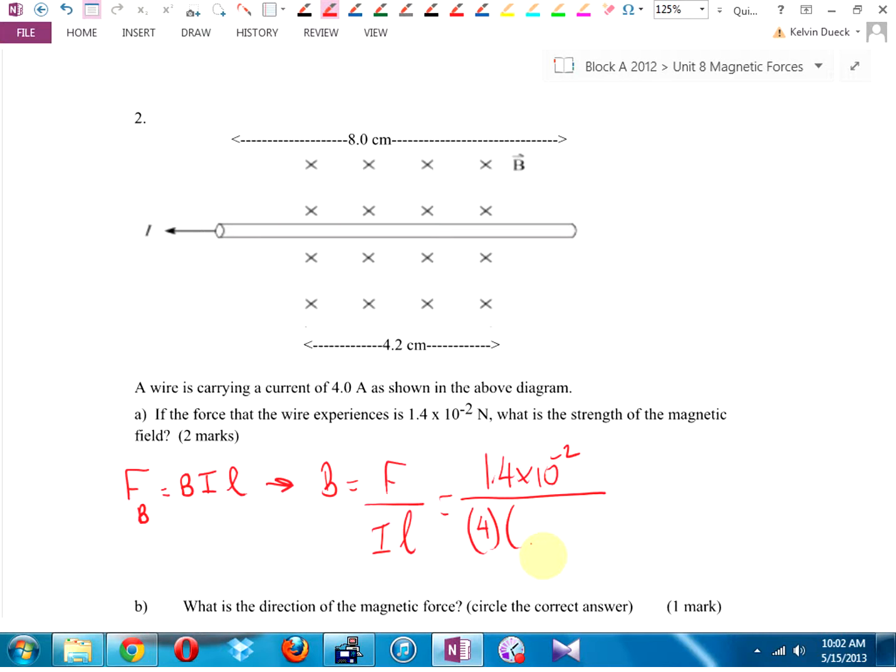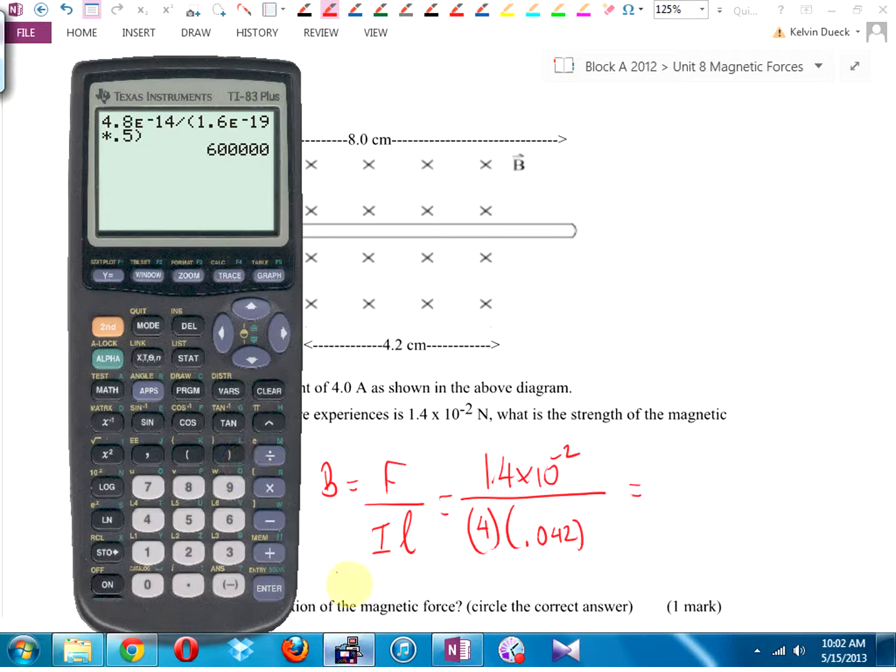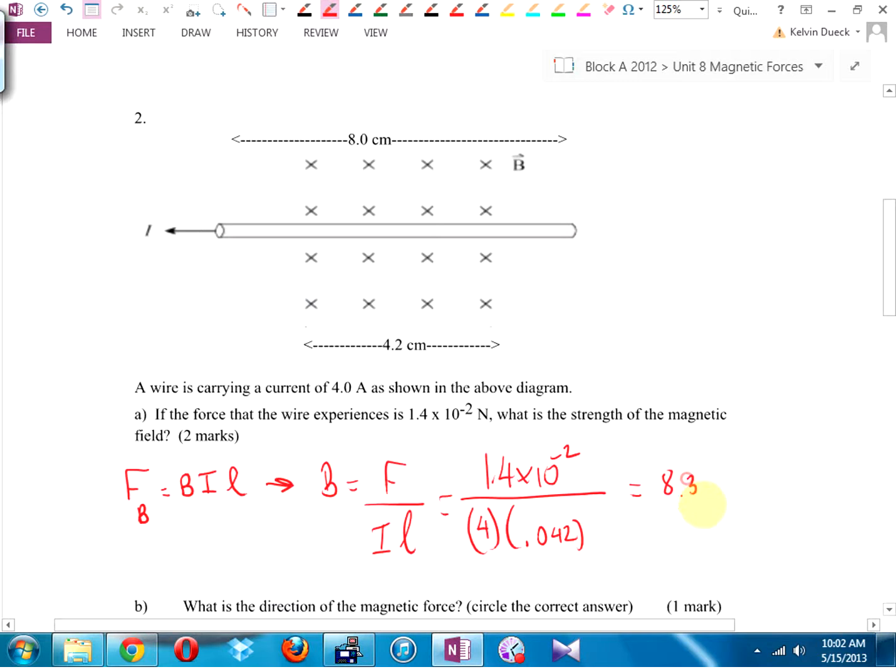Which one am I going to use? The section of wire that's in the magnetic field, which is the 4.2 centimeters. I'm going to use 0.042. And I get 8.33 times 10 to the negative 2 Teslas.